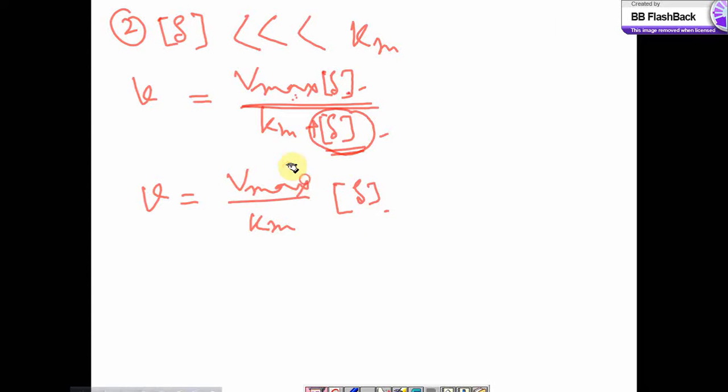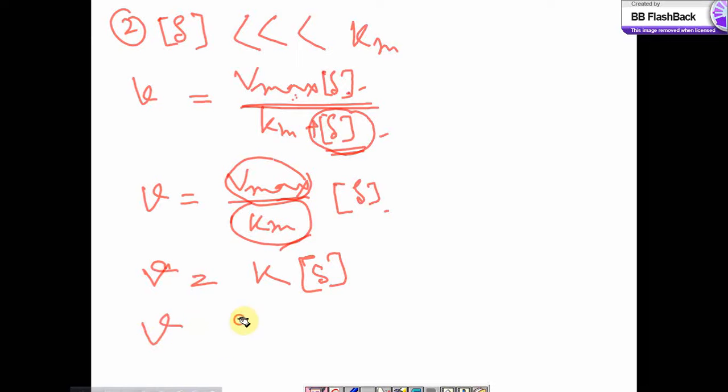Now Vmax is constant for a particular enzyme at its given concentration in a particular reaction, and Km itself is a constant. So this is the constant and this is the substrate concentration. Now v is directly proportional to S, and this is a first order reaction.